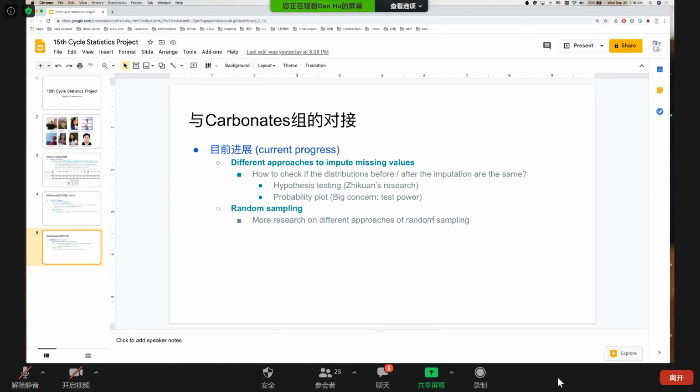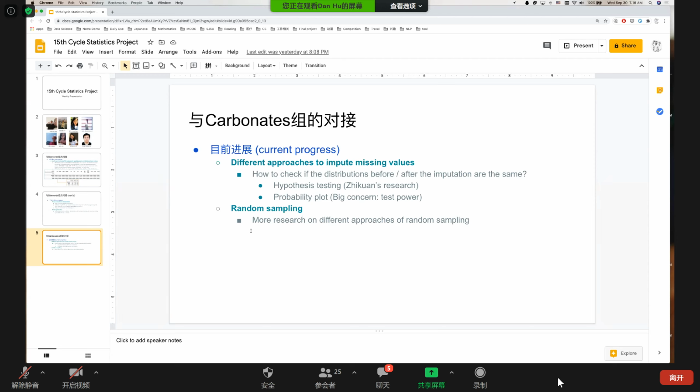So if we don't want to be too harsh or picky in determining the difference between the two distributions, maybe we can use a probability plot to check if the distributions are the same. These are all thoughts, and both are available approaches. We can try both of them, so it's still in progress.